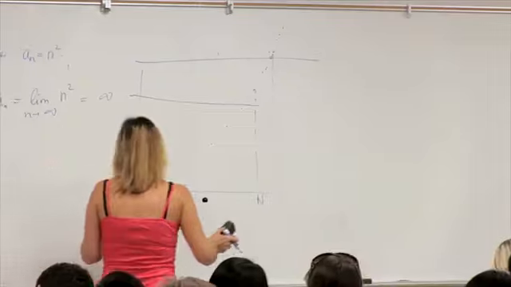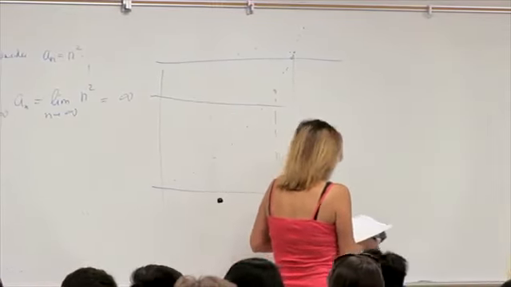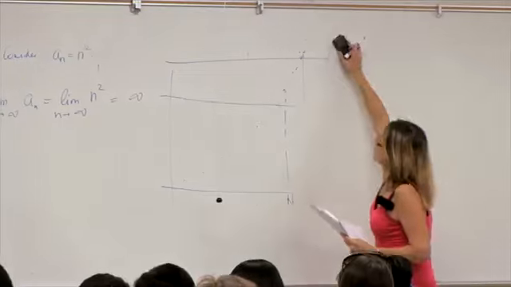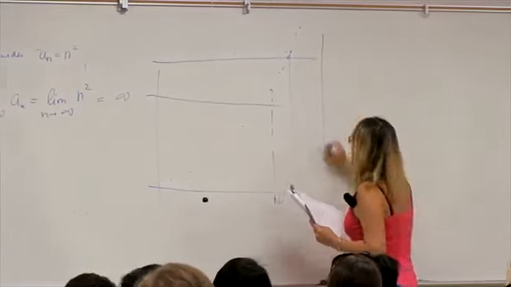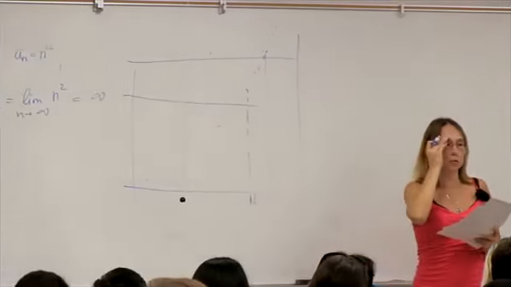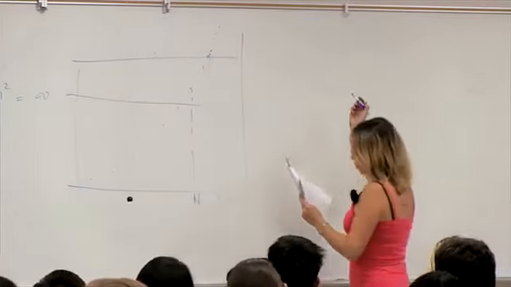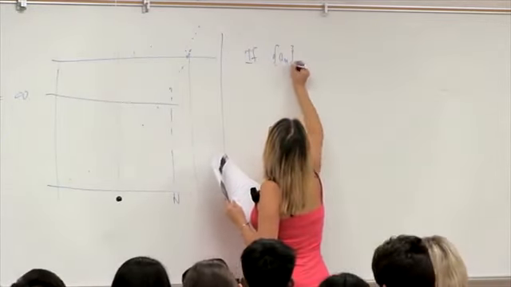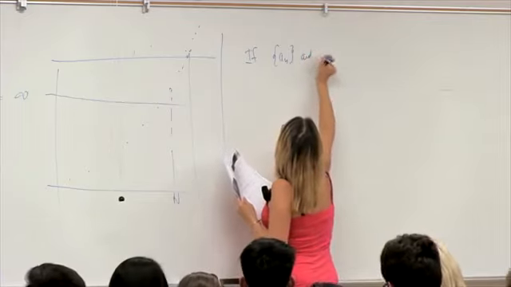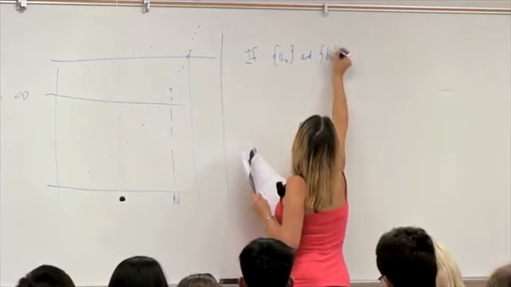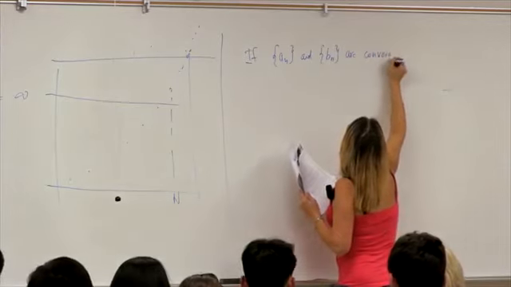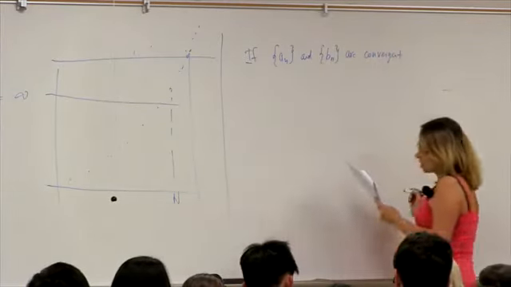So there are several results that apply to limits of sequences just as they do to the limits of functions. So if a_n and b_n are convergent, so what does it mean, convergent?